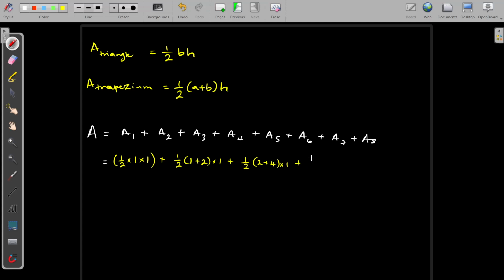So the next one, and then now we're at the last shape, which is another triangle.